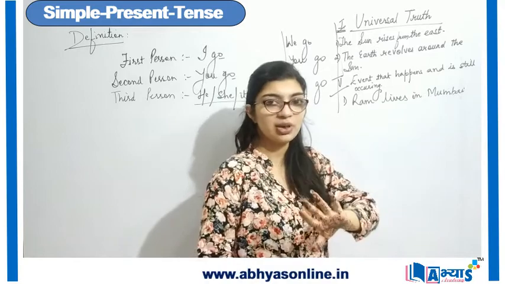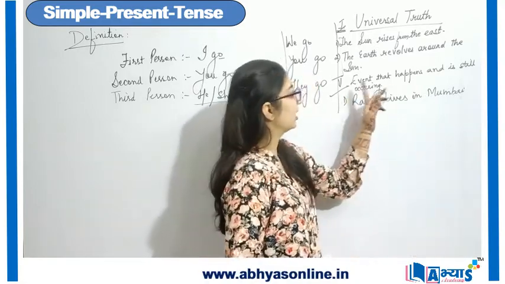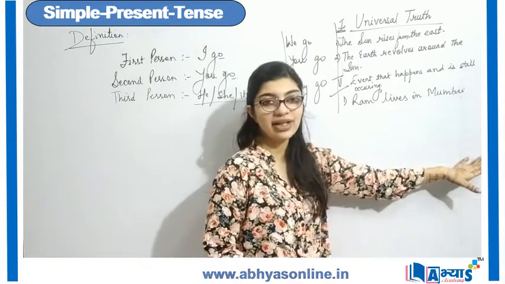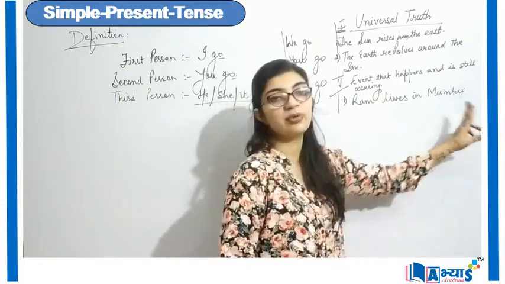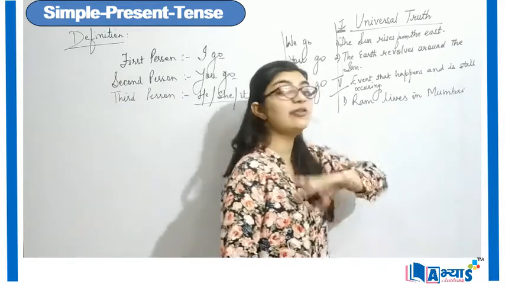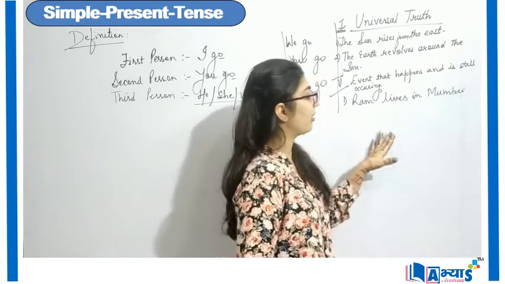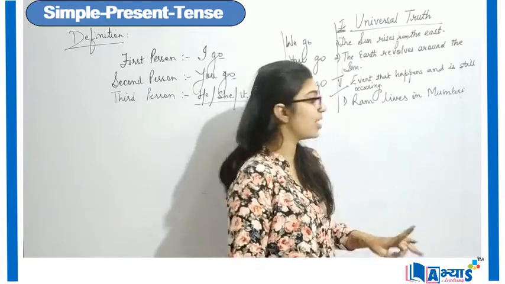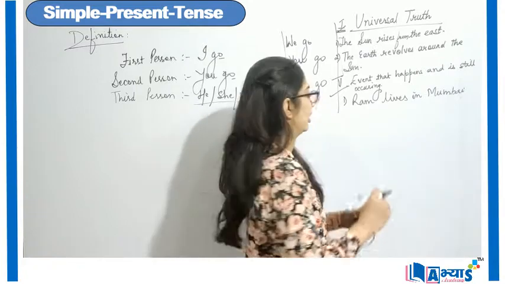This is not a universal truth, right? He can live anywhere else also. But that event is still occurring, and since the event is still occurring, I will say Ram lives in Mumbai. If I say Ram lived in Mumbai, that will be a past tense that we will cover later. But right now we are focusing on simple present and this statement is in simple present form.